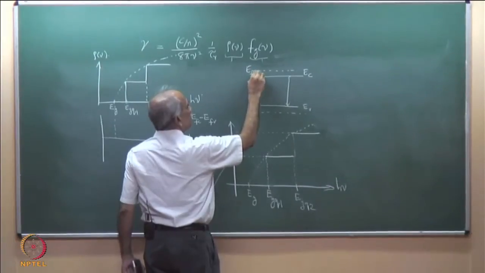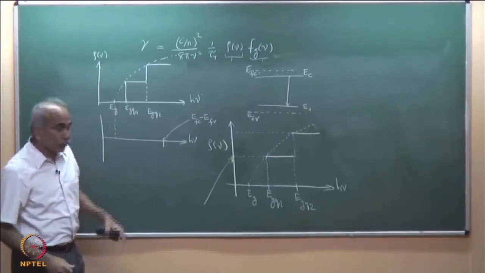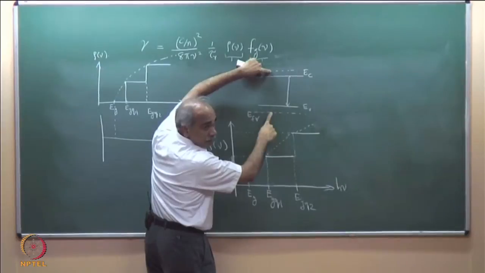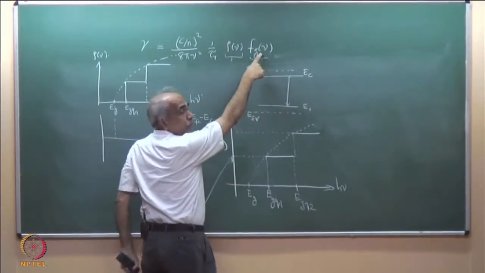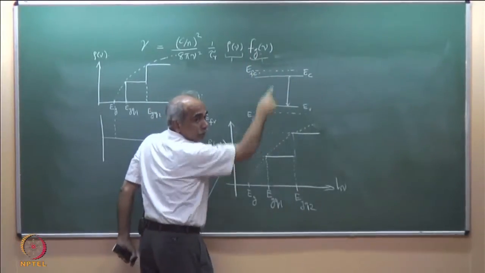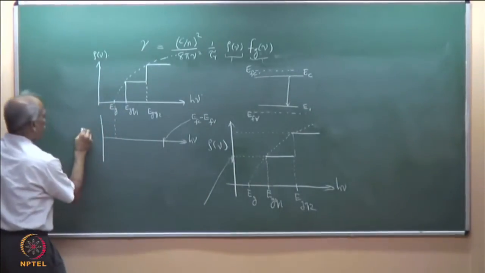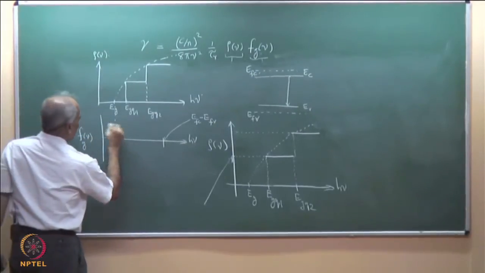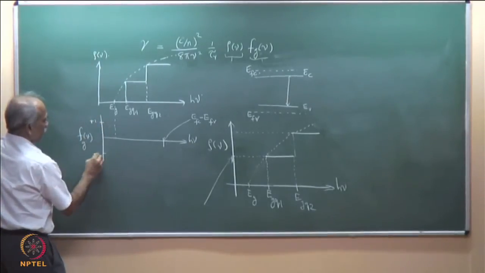So, EFC, EFV. What we had seen was for all h nu between this and this, if I take the experiment at 0 K, then Fg of nu was +1, and for all others it is -1. If it exceeds, it is -1, which means if I plot Fg of nu here, this is +1, and this is -1.